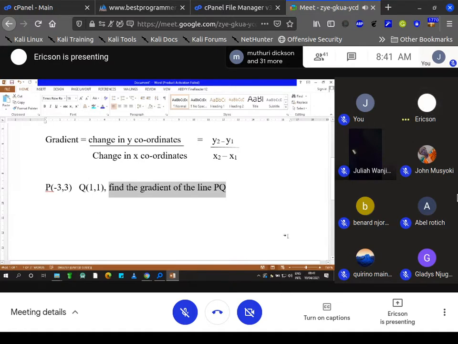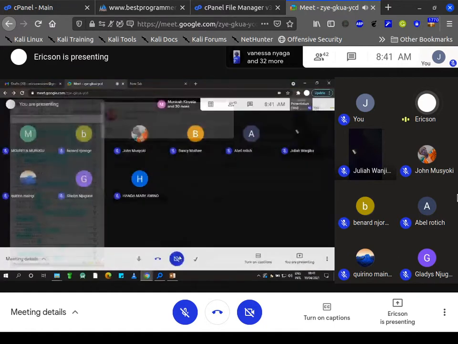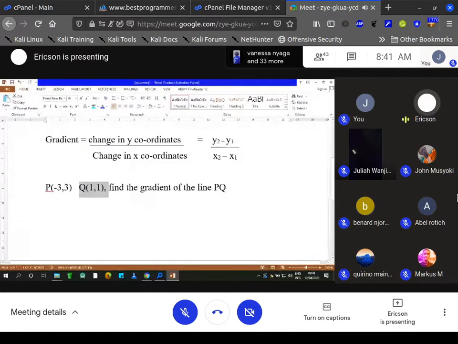Plotting the graph: pick these points and put them on your graph for the x and y values. Pick another point with its x and y values and put it on your graph. Join them using a straight line. Then the gradient is found from these 2 points using this formula: y2 minus y1, divided by x2 minus x1.